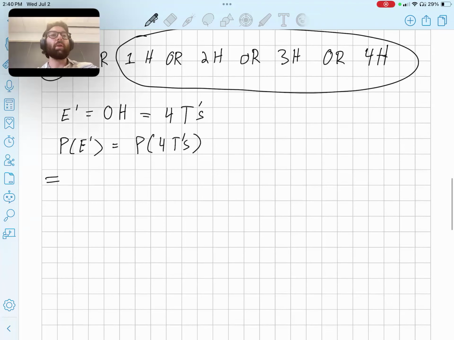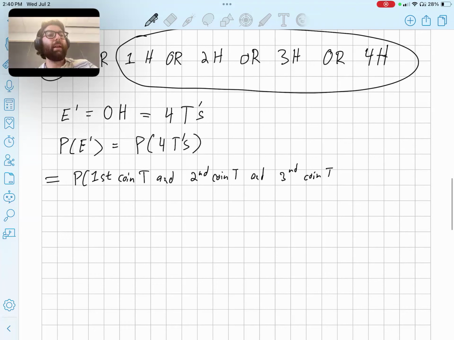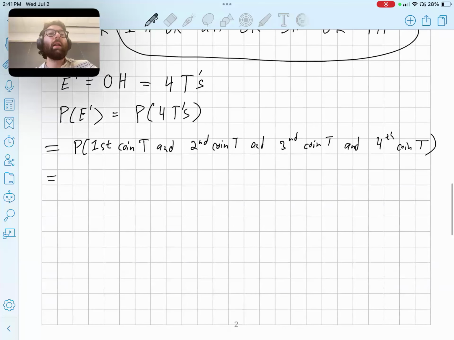And all 4 tails, that means the probability of first coin tails and second coin tails and third coin tails and fourth coin tails. Well, these are all independent events because they're 4 different coins, so they're all independent. So we can use our extended product rule.